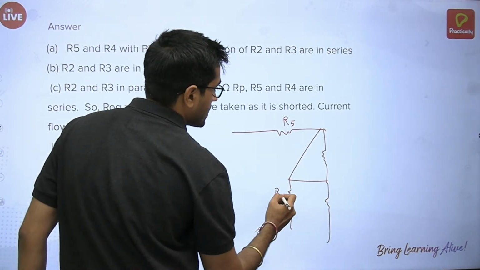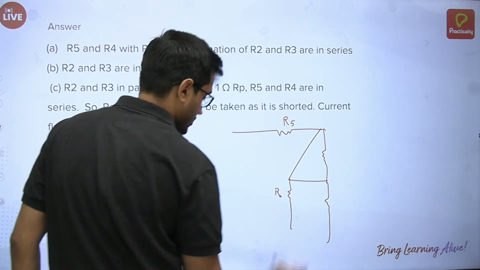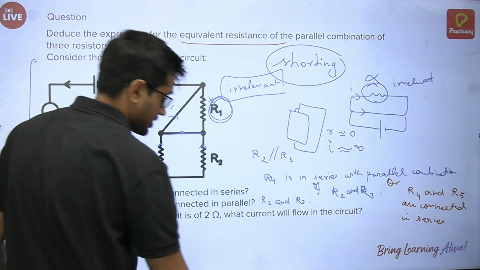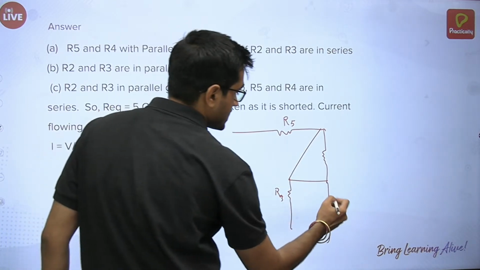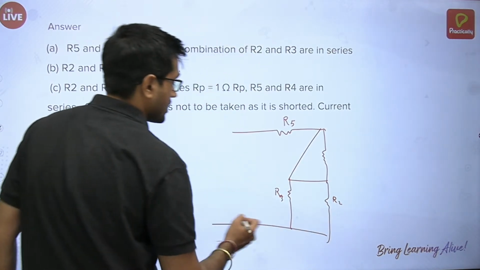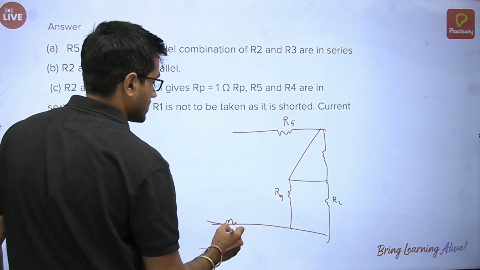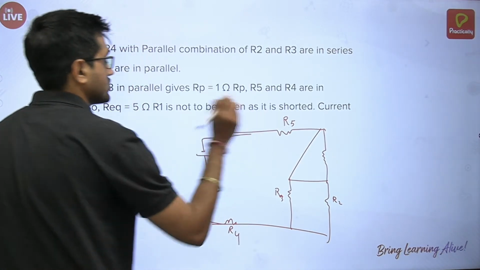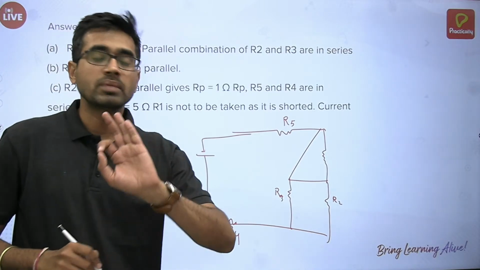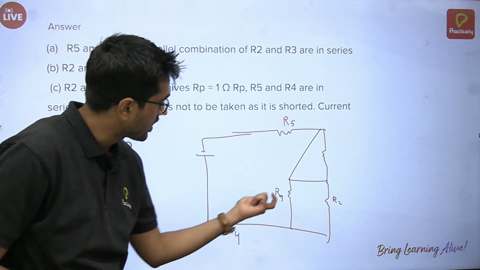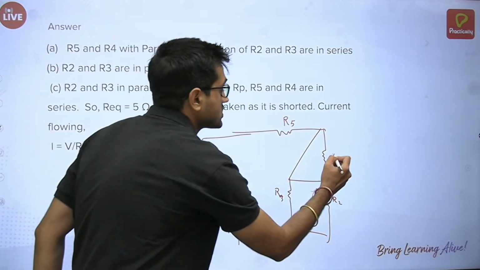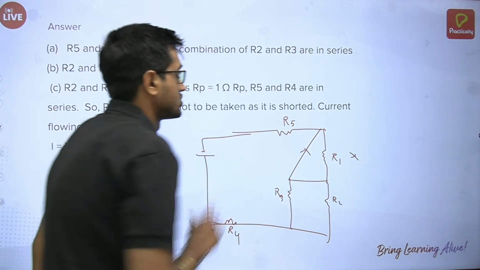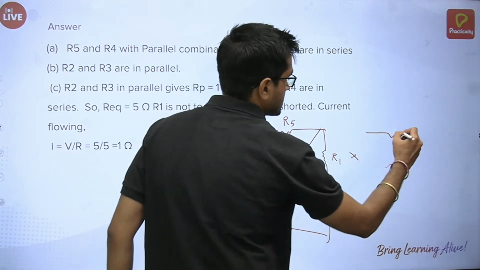This is R3, this is R2, and here is a resistor R4 and some battery. Now, a simple way to do this: R4, R2, R3, because R1 is irrelevant. So basically this resistance is like this.